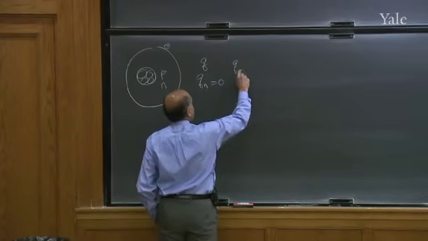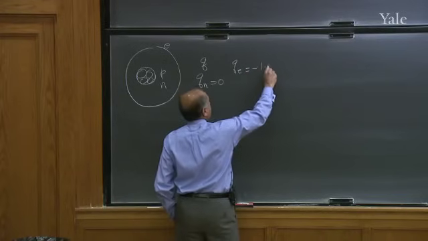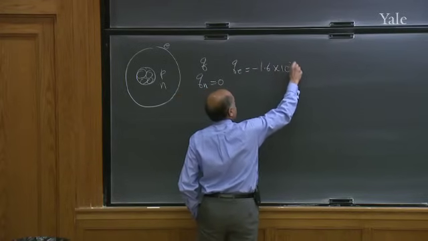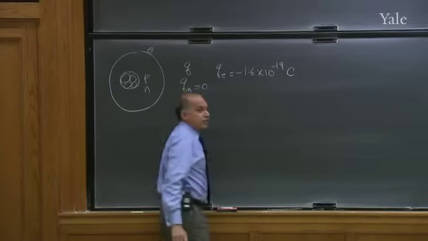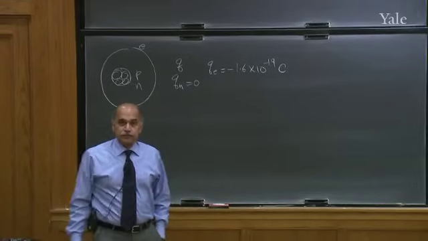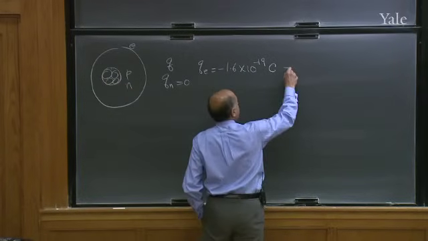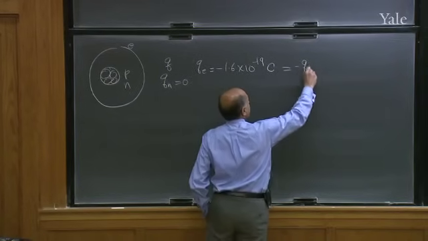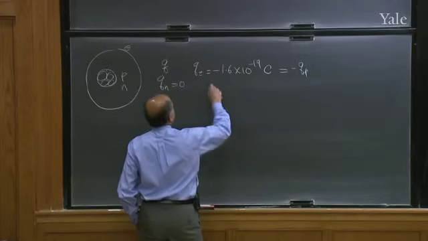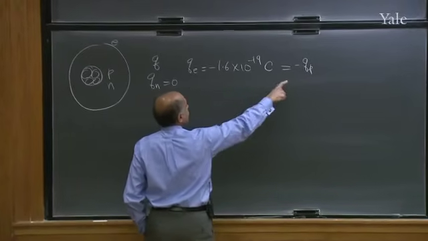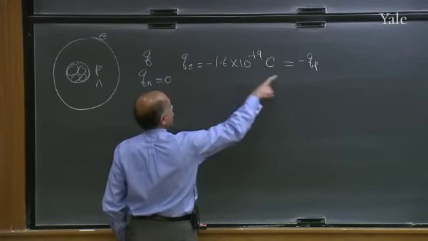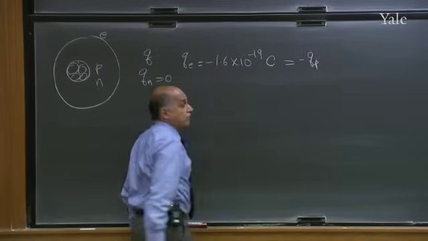Q for the electron is minus 1.6 times 10 to the minus 19, and it's measured in coulombs. The Q for the proton is a positive number, so it's really these minus signs cancel.